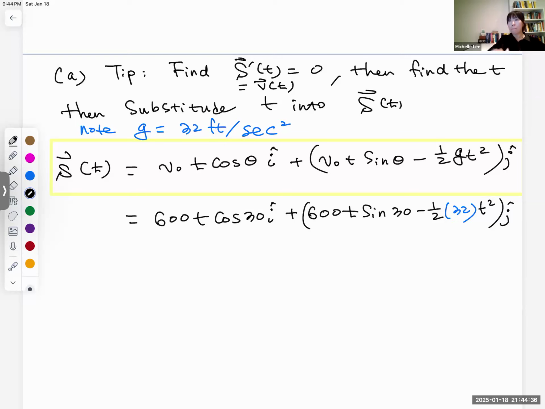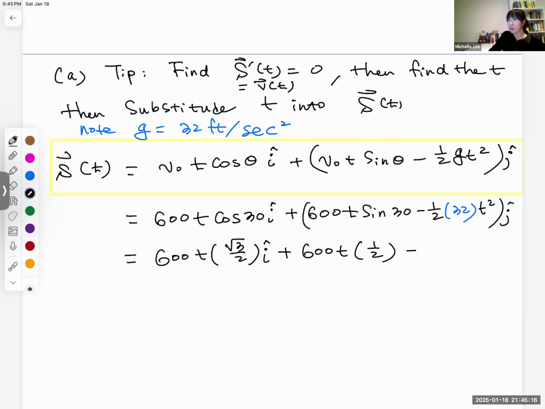Okay, now let's simplify. So what's the cosine of 30 degrees? We did that so many times this semester, right? So there will be 600t square root of 3 over 2 i hat plus 600t sine 30 degrees, which is 1/2, right?